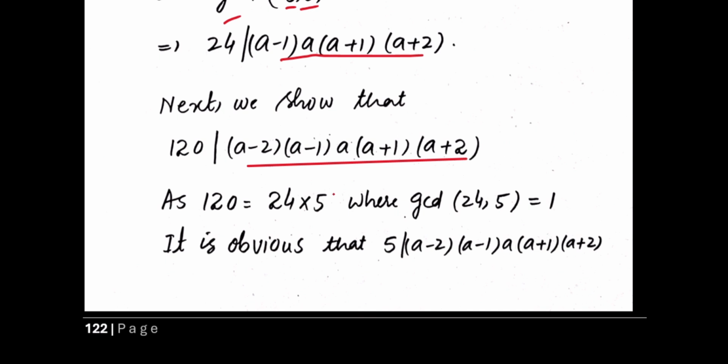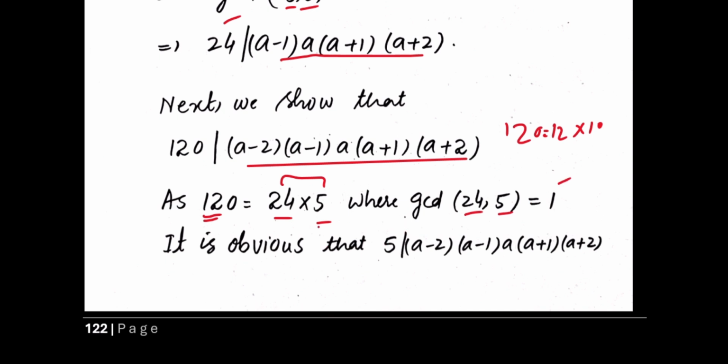What is the first need? Firstly, we separate 120 into the product of two integers which are relatively prime. So I will write 120 as 24 into 5. I cannot write 120 as 12 into 10. So 120 can be written as 24 into 5, where the GCD of 24 and 5 is equal to 1.